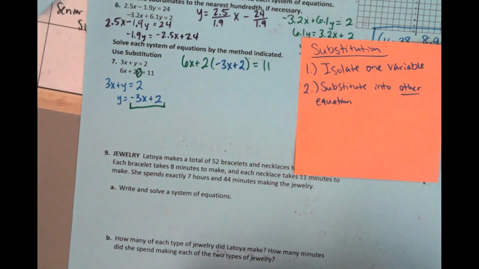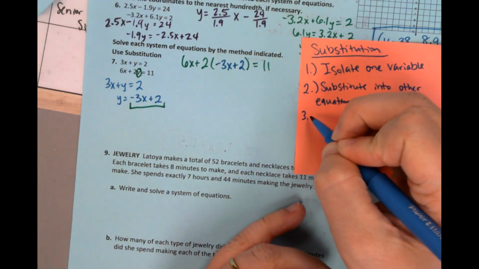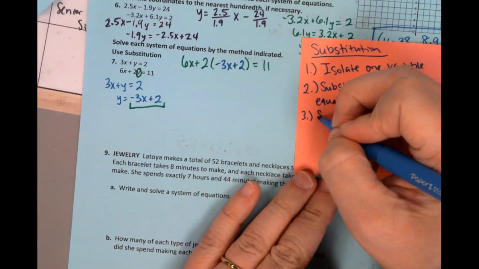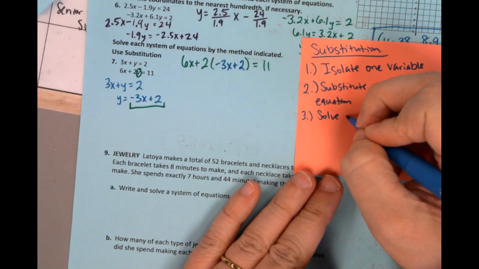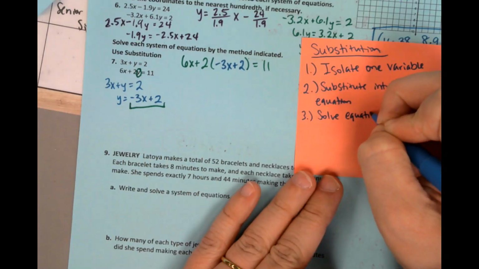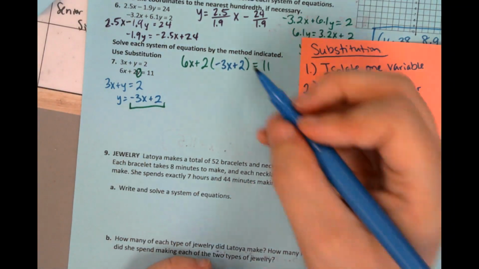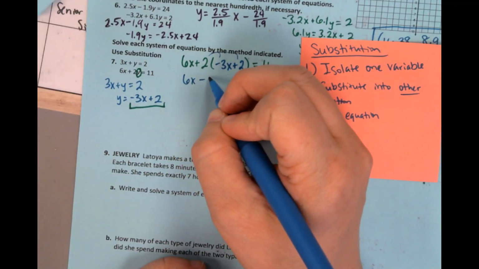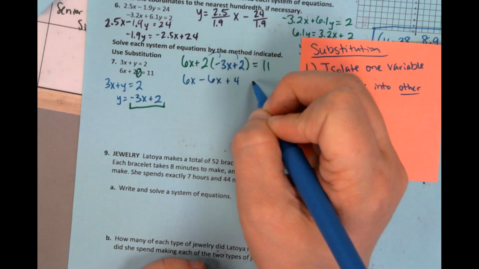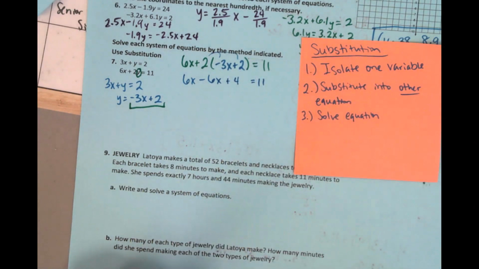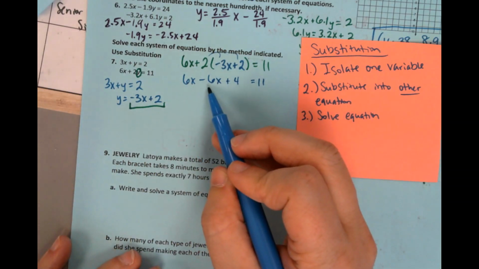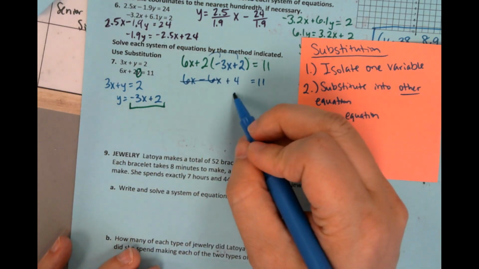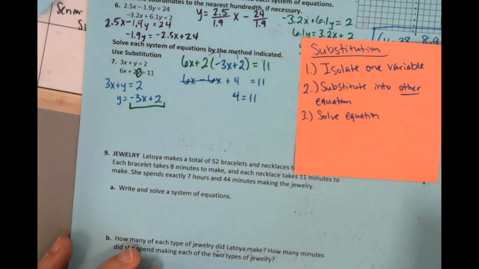Now after I've substituted, I now solve the resulting equation. So I distribute. I have 6x, and then this is negative 6x plus 4 equals 11. In this case, 6x minus 6x is 0, so I'm left with 4 equals 11.